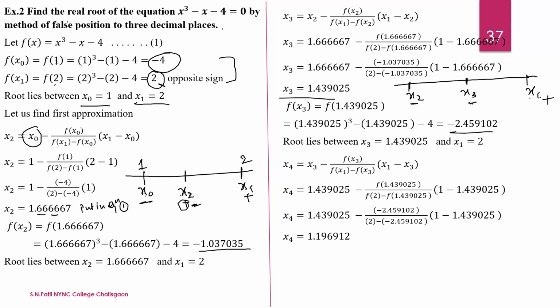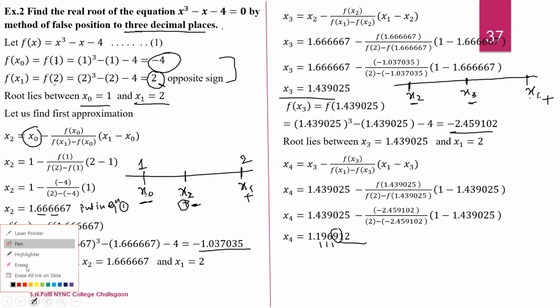Now the question is: by the false position method, find the answer to 3 decimal places. That is 1, 2, 3. Now the 4th decimal place is greater than 5, so adjustment is needed.